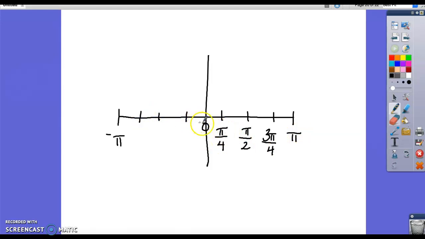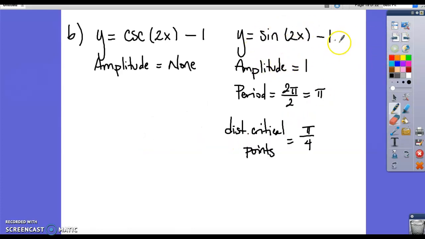Going in this direction, 0 minus pi over 4 is negative pi over 4. Negative pi over 4 minus pi over 4 is negative 2 pi over 4, negative pi over 2. Minus pi over 4 is negative 3 pi over 4. I do have to take into account this vertical translation.